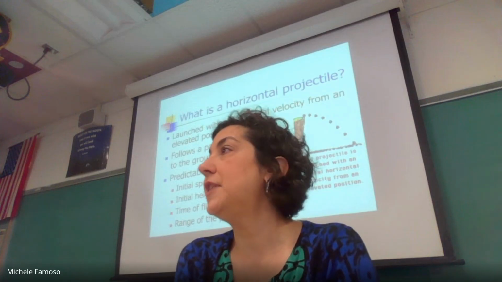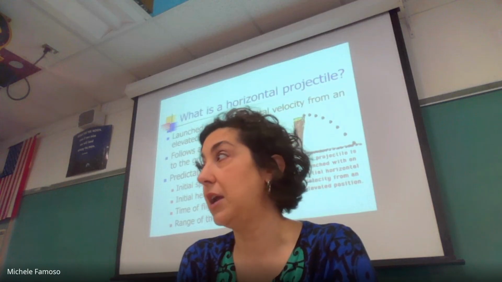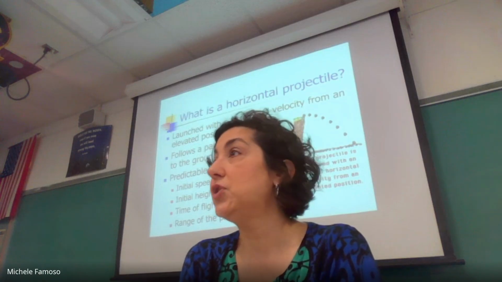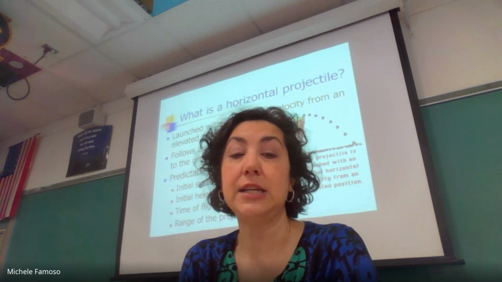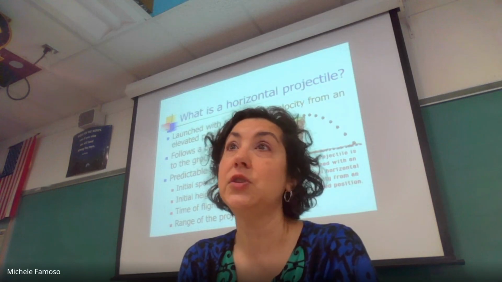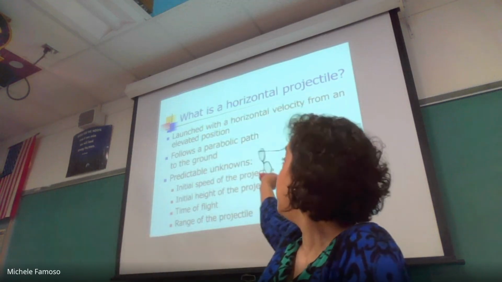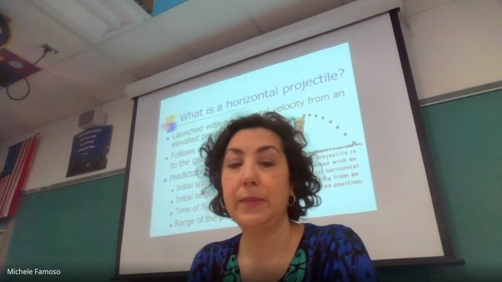Now, the kinds of things that I'll ask you to solve for could be any of these four things. Sometimes it's multiple things. I could ask you how fast it was moving initially. What is the initial speed of the projectile as it's launched? I could ask you, what's the height of the cliff that it's being launched off of, the initial height of our projectile?